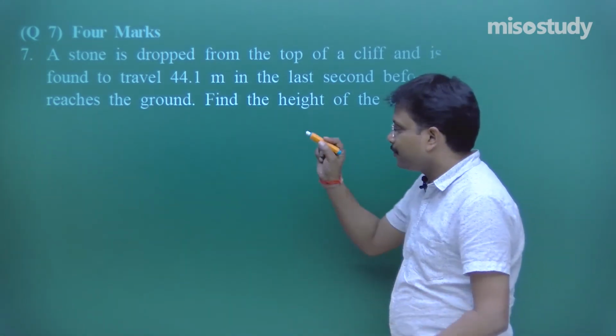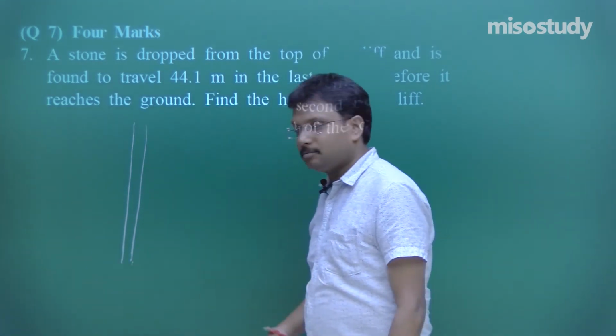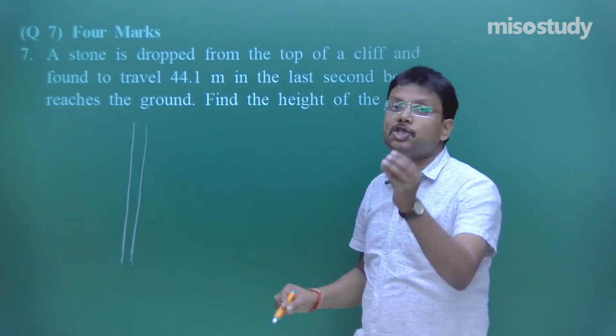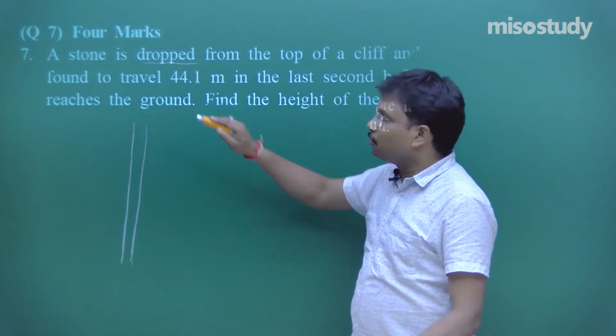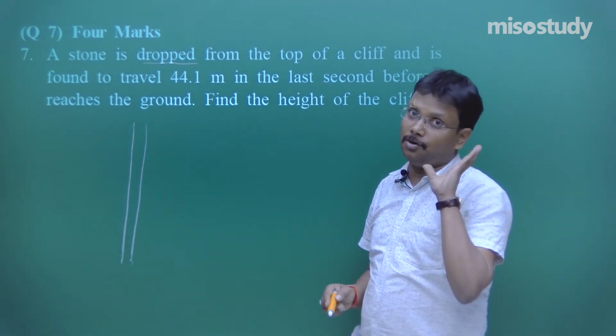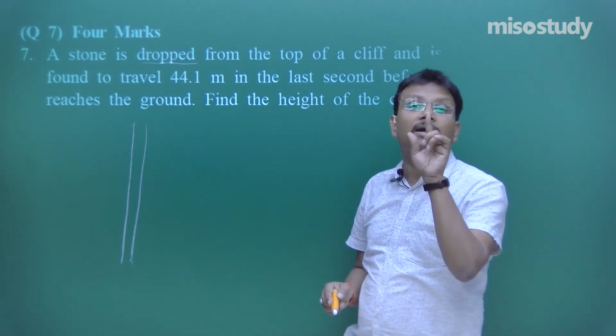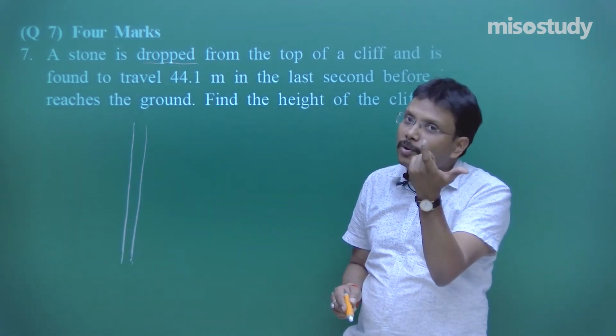It's like that. Say for example, there is this tower and from this tower a stone is dropped, because it is specifically mentioned. So dropping means what? The initial velocity is 0. So v is equal to u plus gt, rather you should use v is equal to gt, because u is 0.